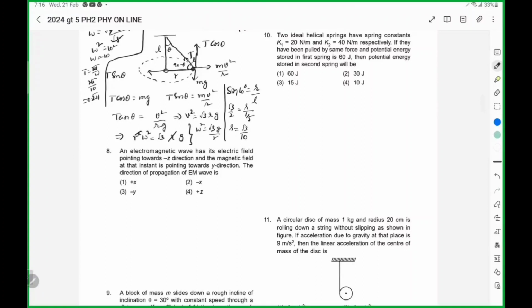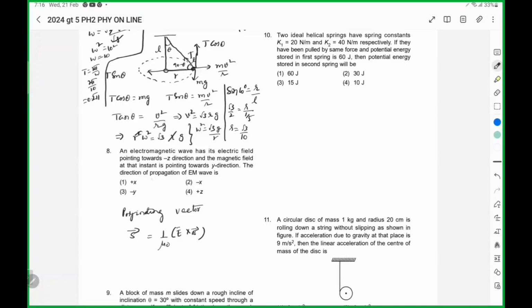Here, the direction of propagation of a wave is decided by the Poynting vector. S bar is equal to 1 by mu naught times E bar cross B bar.